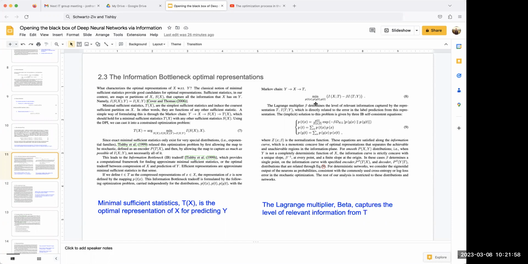And then as a way to test the hypothesis that the layers are approaching the theoretical information bottleneck, they are solving for a Lagrange multiplier beta that captures the level of relevant information from the network T.